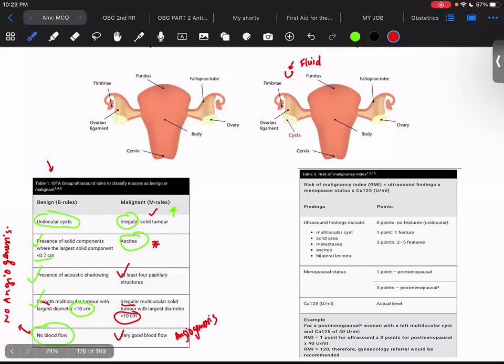Then there's another criteria by which we can deduce whether the patient is at risk of malignancy or not. That's called the risk of malignancy index, RMI. It uses IOTA, that is the ultrasound findings, number one, and then it uses menopause status, whether the patient has menopause or not.